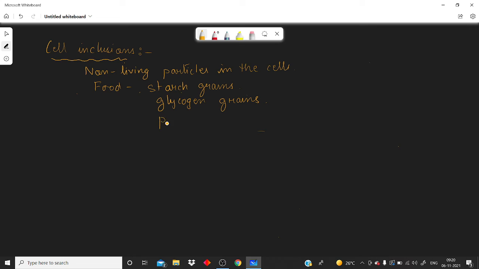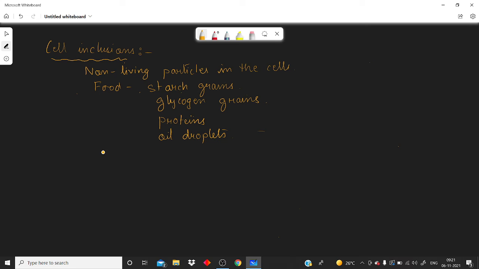Then proteins, some proteins that are floating in the cytoplasm, like aleurone protein in maize. Then there may be certain oil droplets. For example, in adipocytes we see large oil droplets present in the cytoplasm. So those are also cell inclusions.